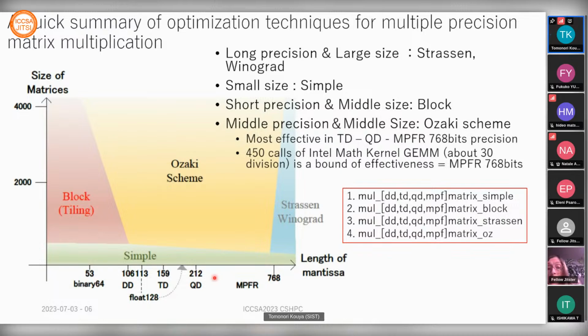The Ozaki scheme can be faster in the middle range of precision. So in this area of precision, the Ozaki scheme can be faster in LU decomposition and other related functions.